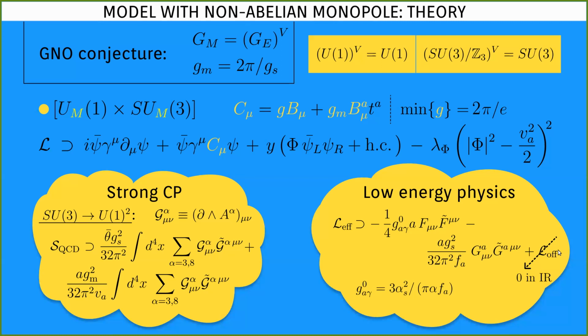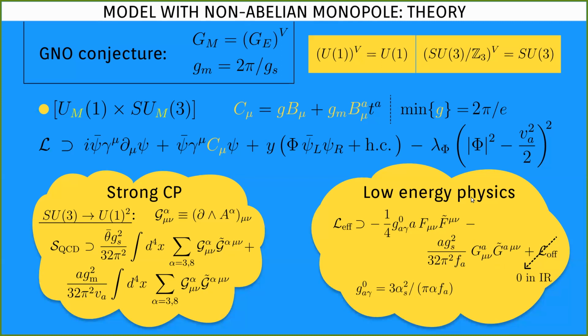So this model can be distinguished from, for example, clockwork axion photophilic models because of this term, if one can measure this deviation from the universal coupling.